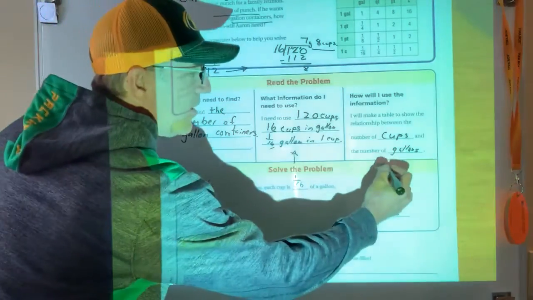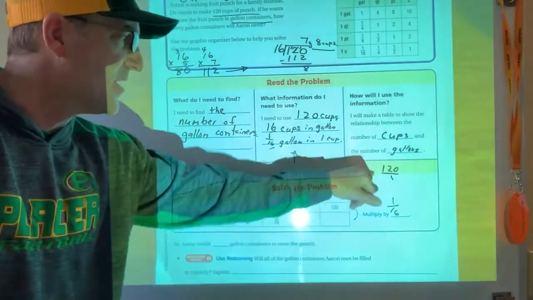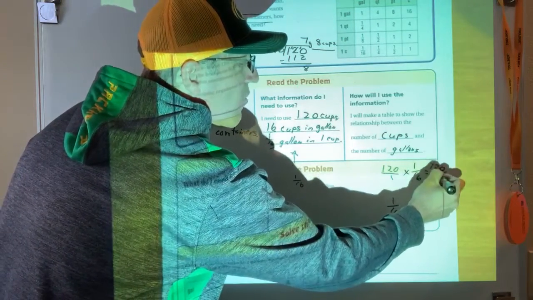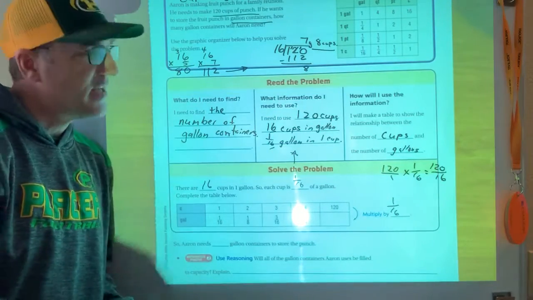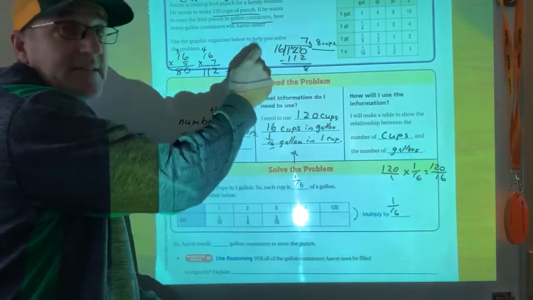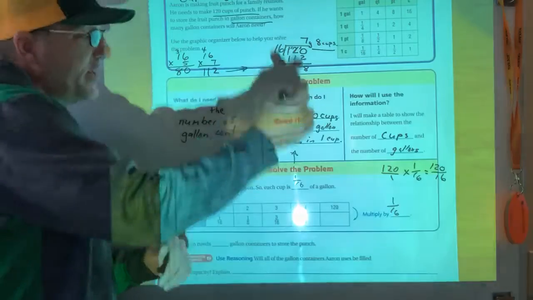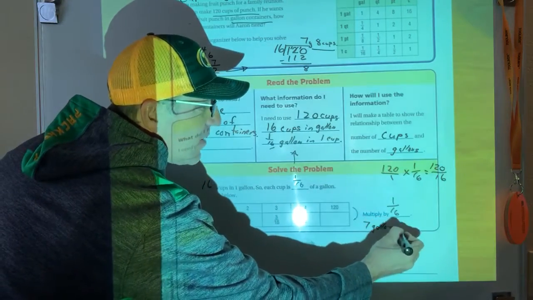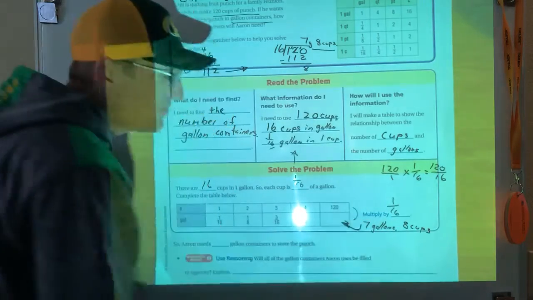Let me show you. 120 over 1, expressed as a fraction, times 1/16 equals 120 over 16. And every fraction is a division problem, so that's the same as 120 divided by 16, which is what we got up here. So we already have done it. We know that we're going to have 7 gallons and 8 cups. That's our answer.